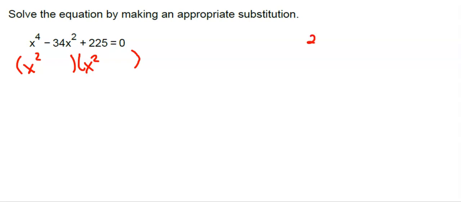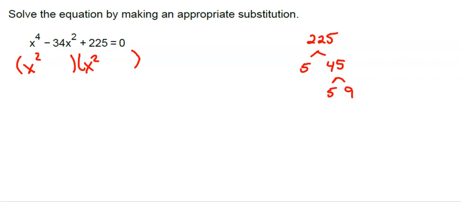So one little trick that we could do is look at that 225 and make a factor tree. Think of numbers that multiply to give us 225, like 5 times 45. And then 45 is 5 times 9. 9 is 3 times 3.